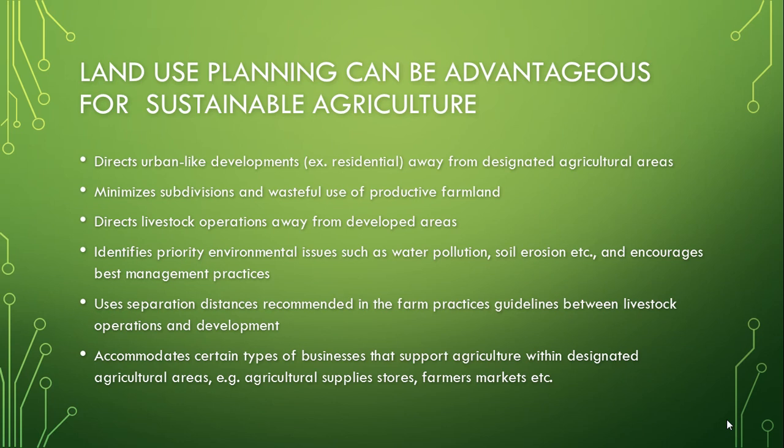It also accommodates certain types of businesses that can support agricultural activities within the designated area, such as agricultural supply stores and farmers markets. All of these would be activities that are complementary to agricultural systems.